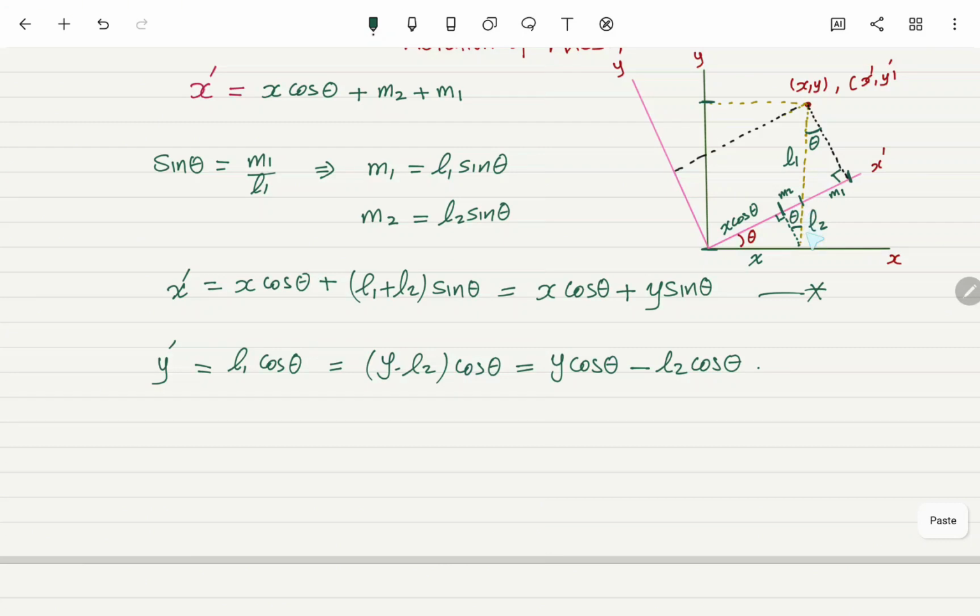Now this is L2 and this is a right angle triangle with the base here x and the height L2.